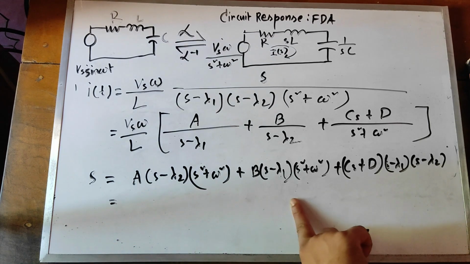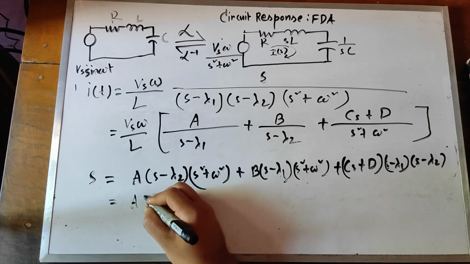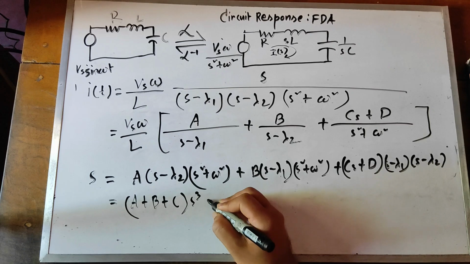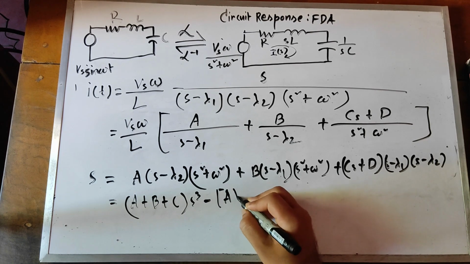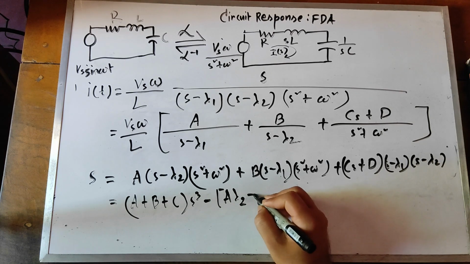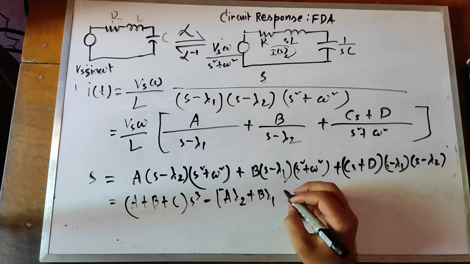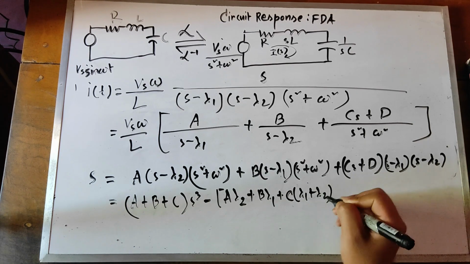If I rearrange this as a shortcut, it will be A plus B plus C times s cube, minus (A lambda 2 plus B lambda 1) plus C lambda 1 lambda 2.